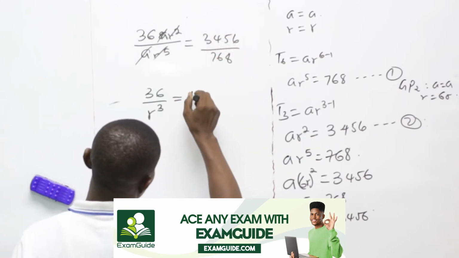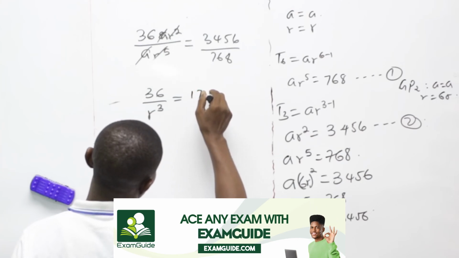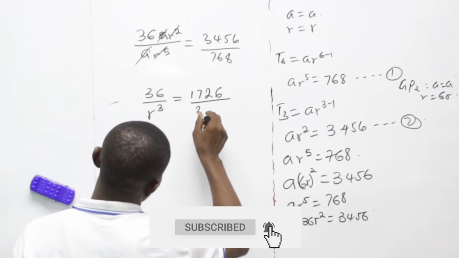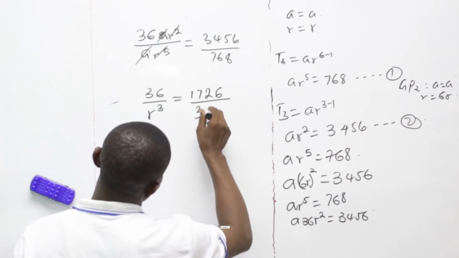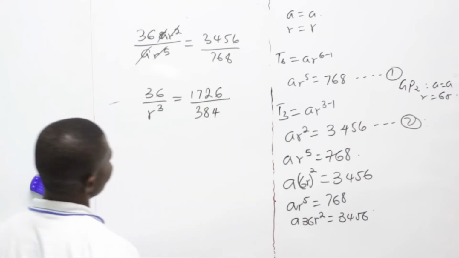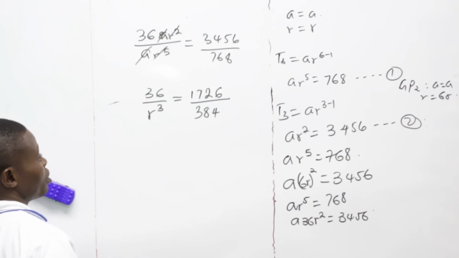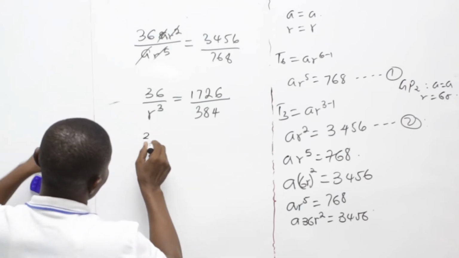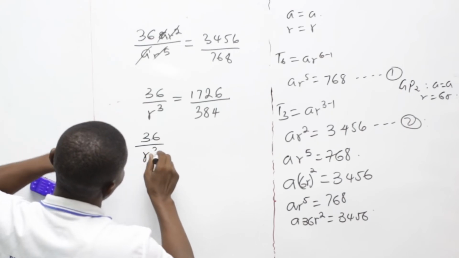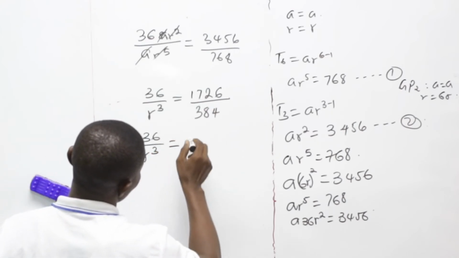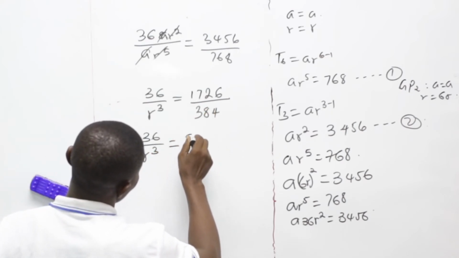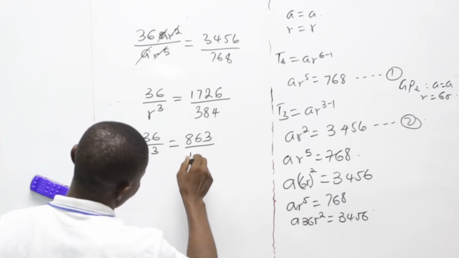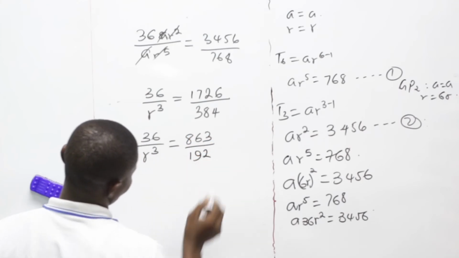Let's break down this. 2 here, this is 1,728. 2 here, this is 3,84. We're still adjusting in such a way that it will be easier for us to handle. So I will still say 36 all over R cubed equals 2 here, this is 864. 2 here, this is 192.